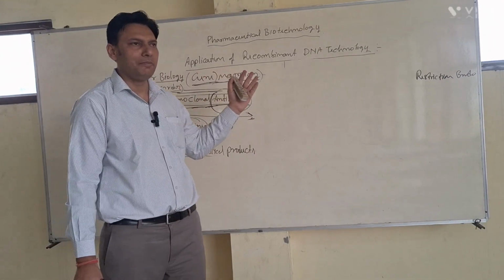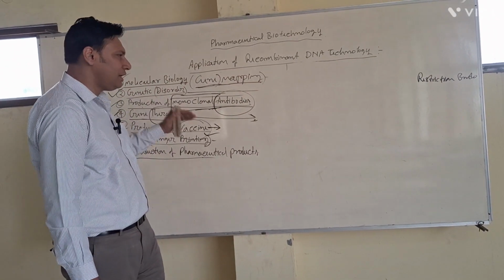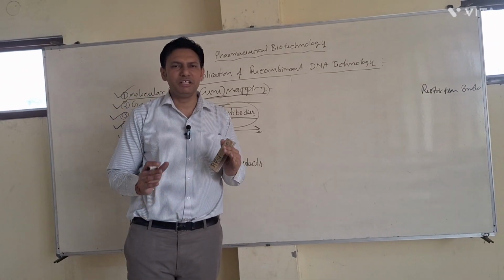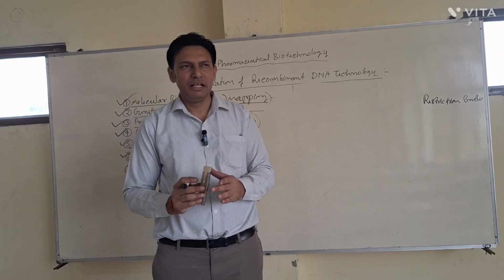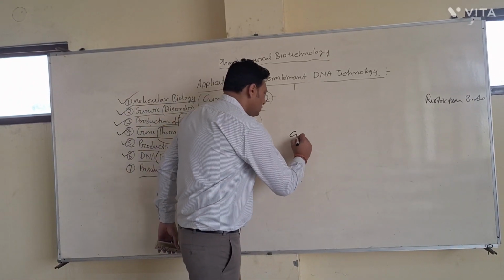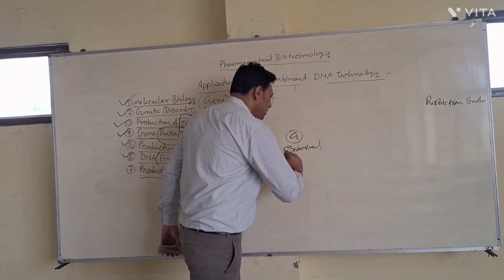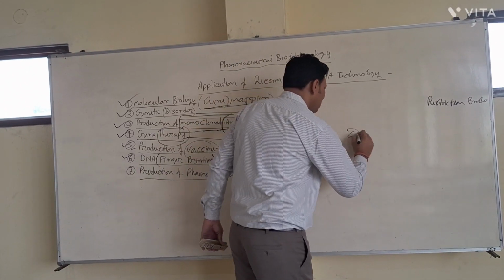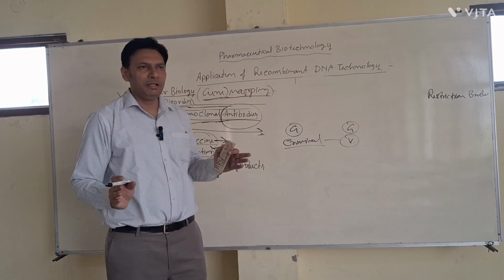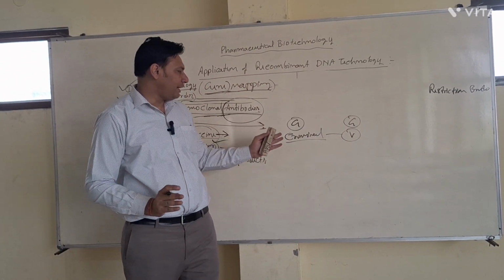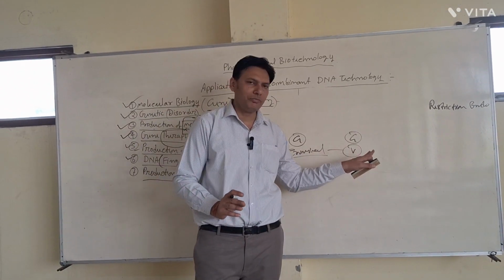Nowadays in crime scenes we are using this technology, DNA fingerprinting, and with its help we can differentiate the gene of the criminal and the gene of the victim. In the crime scene, you can find both the DNA of the criminal and the DNA of the victim.